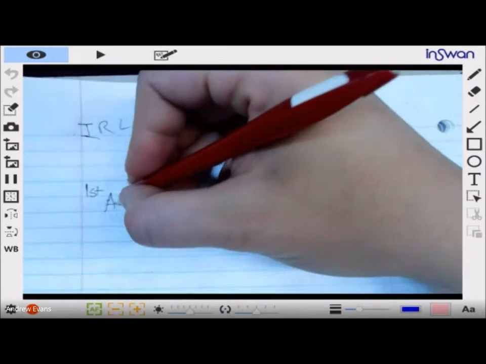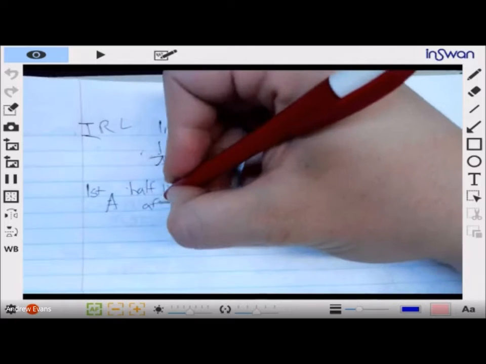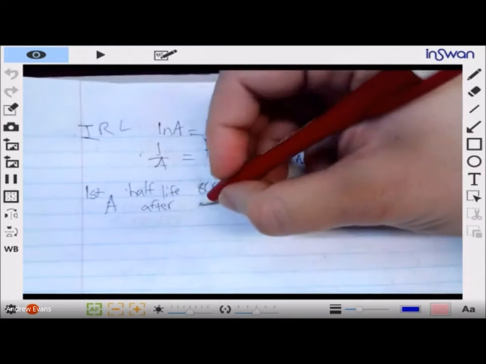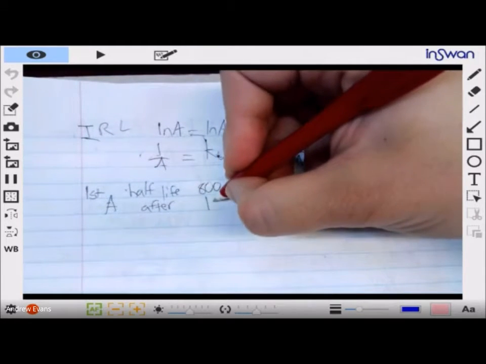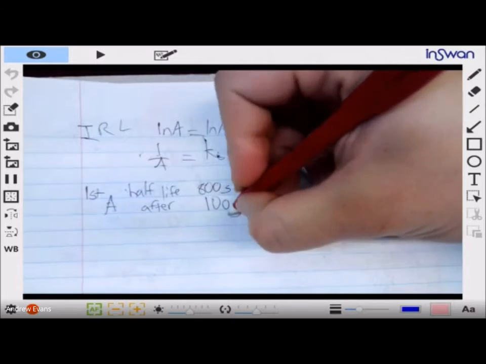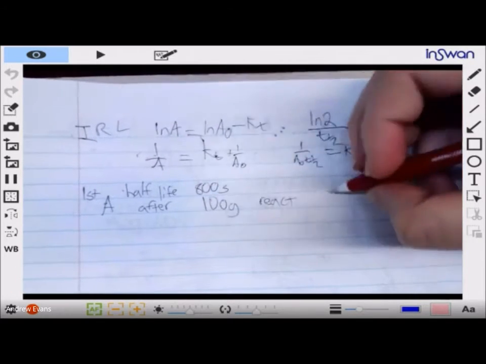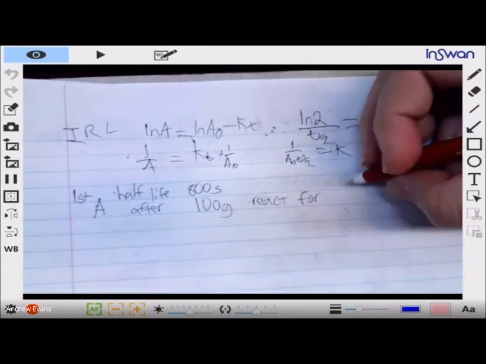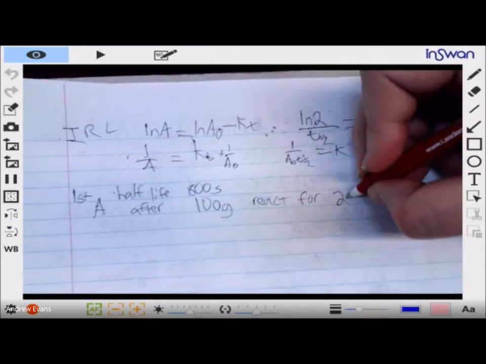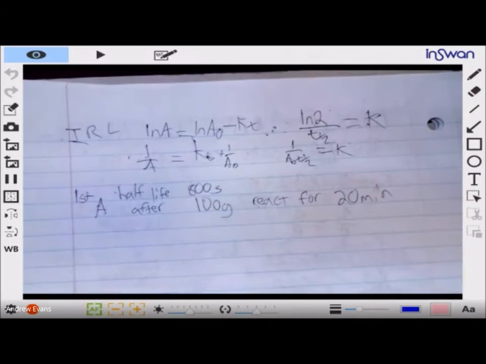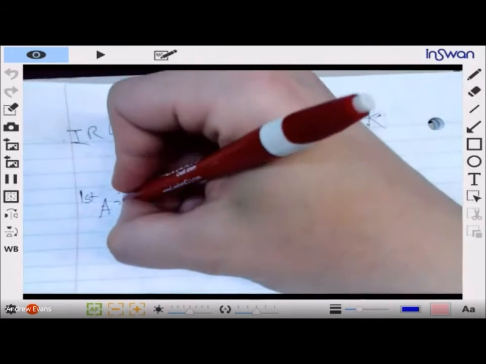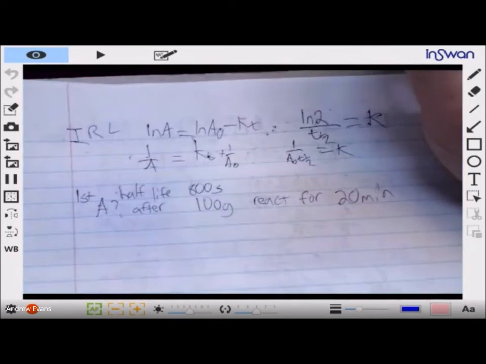What's A after 100 grams is allowed to react for 20 minutes? Hypothetically, how much is our A concentration after 100 grams reacts for 20 minutes?